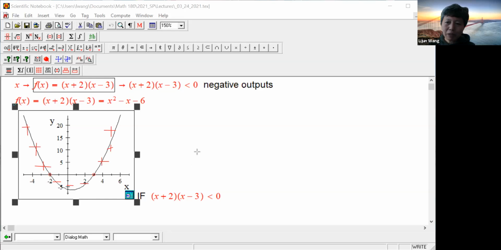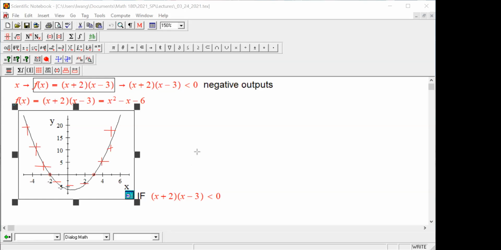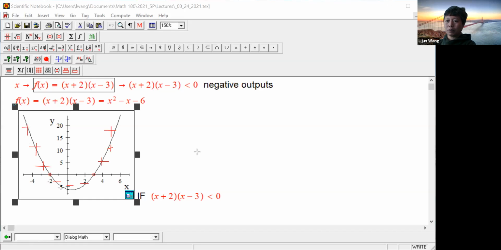So what have we been talking about? Function, input, output. Sometimes input is given, we find output. Sometimes output is given, we find input. Is there anything else?